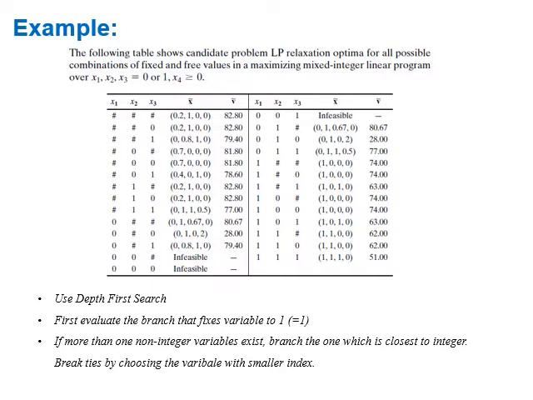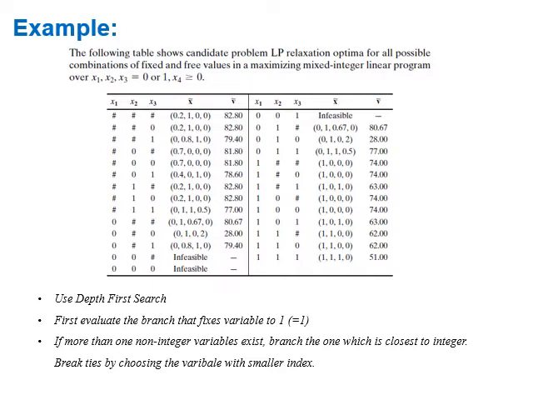This says that if they are at the same level, first select the node which fixes the value of the variable to 1. Then after evaluating this node, go to the other one and evaluate the node which fixes its value to 0.